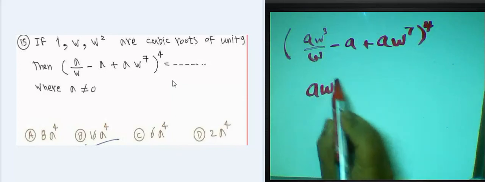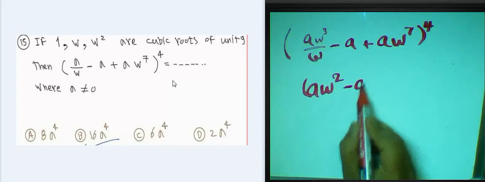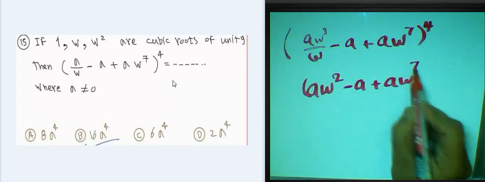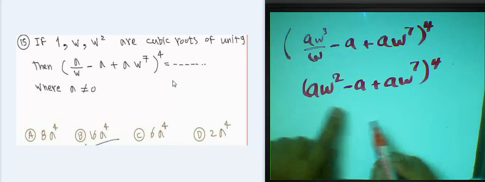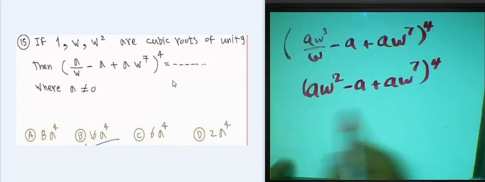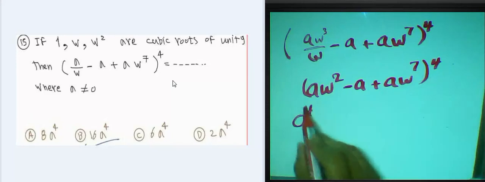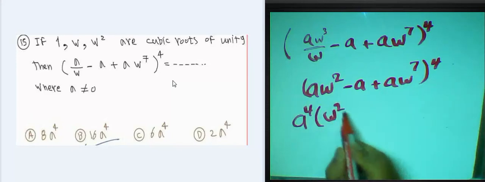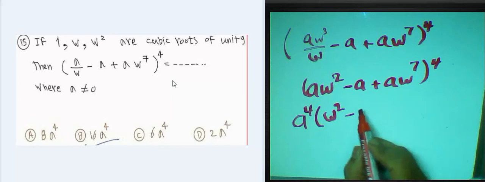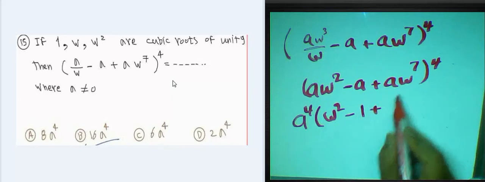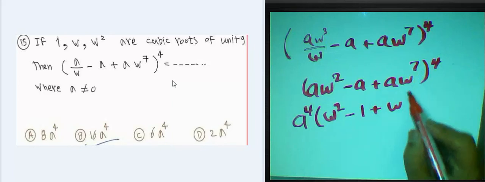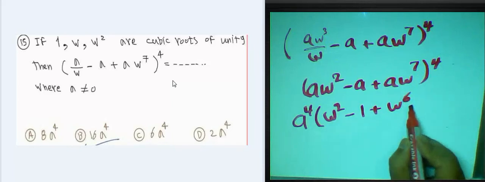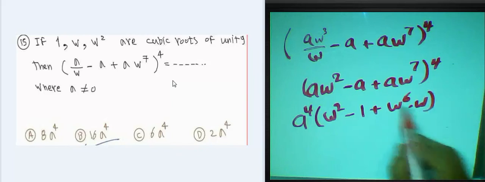Then the result will be (aω² − a + aω^7)^4. We can write a outside as a common coefficient, all to the power 4. Then omega squared minus 1 plus omega^7. Omega^7 equals omega^6 times omega, and omega^6 equals 1, so we can simplify it.